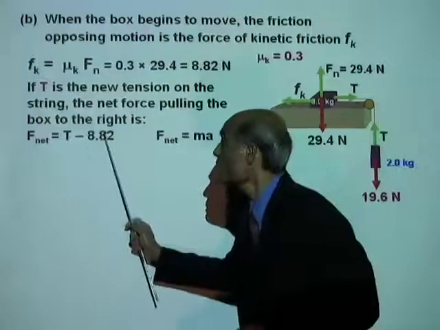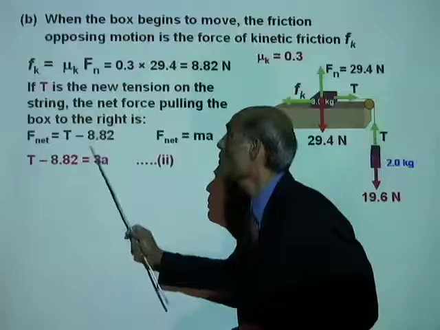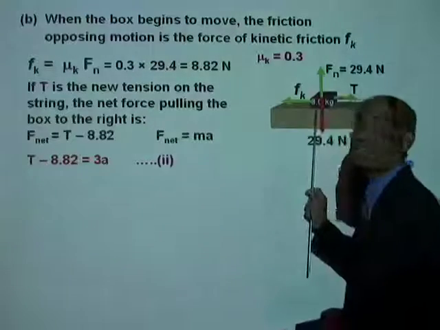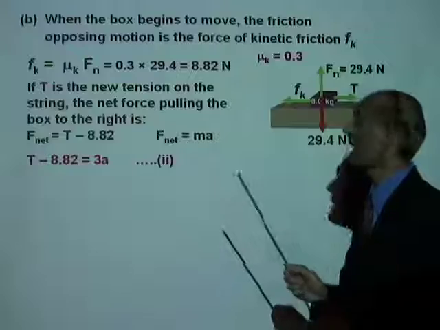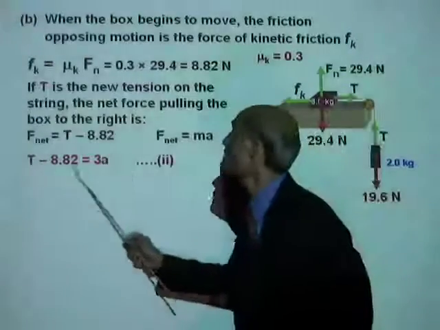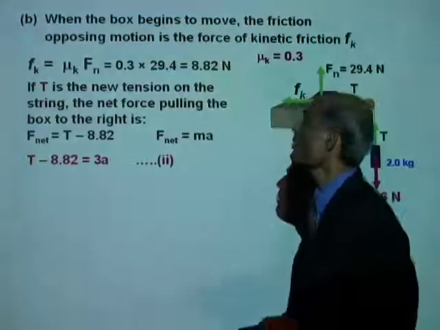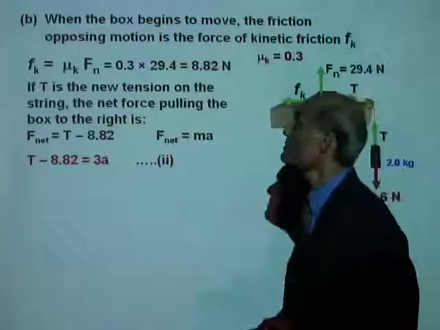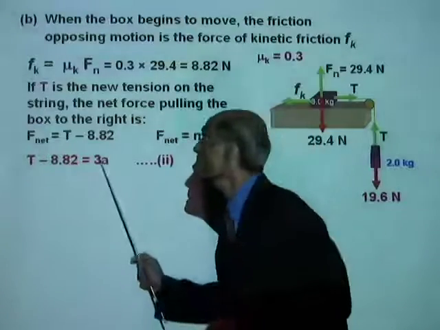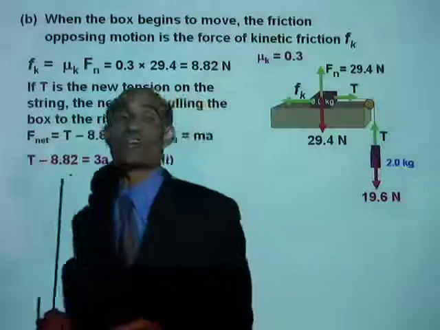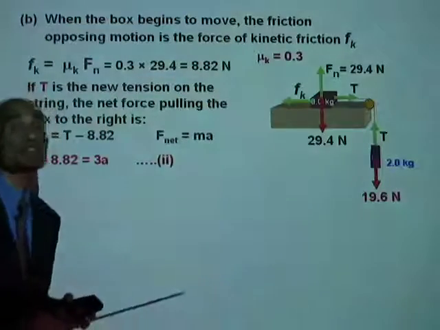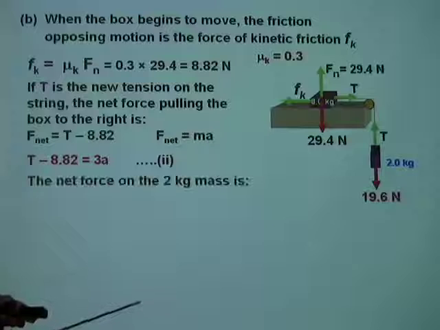So T minus 8.82 equals mass, that is 3 kilogram, times its acceleration. And we need to calculate the acceleration and the tension on the string.